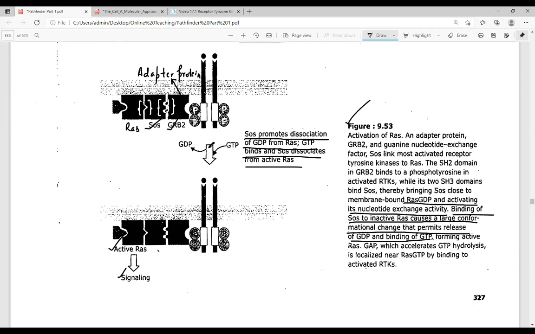It will cause the release of GDP and the binding of GTP to take place. Once the GDP has been released and the GTP has been bound, it will be converted from an inactivated RAS molecule towards an activated RAS molecule. Once it has been activated, it will induce signaling to take place within the cell.